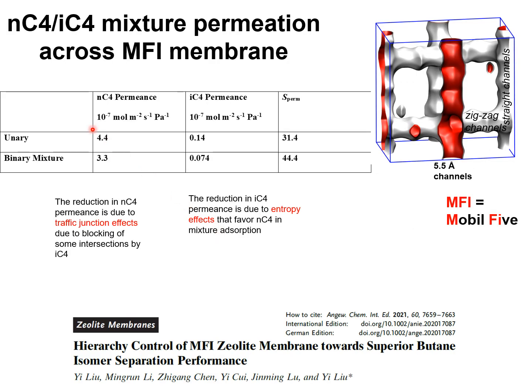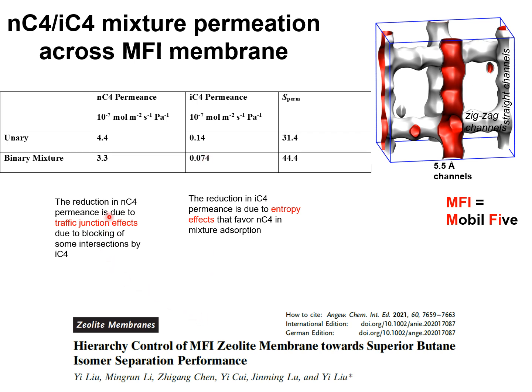Let us examine the experimental data for permeation of mixtures of normal butane and isobutane across an MFI membrane. This table here shows the data on both unary permeances and the permeances in binary mixtures.